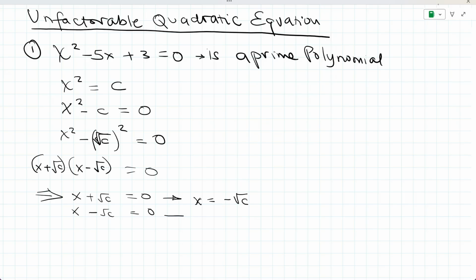And the second one will be x is equal to plus root c. And therefore, our final answer for x will equal plus or minus root c. All right, so that will be our final answer.